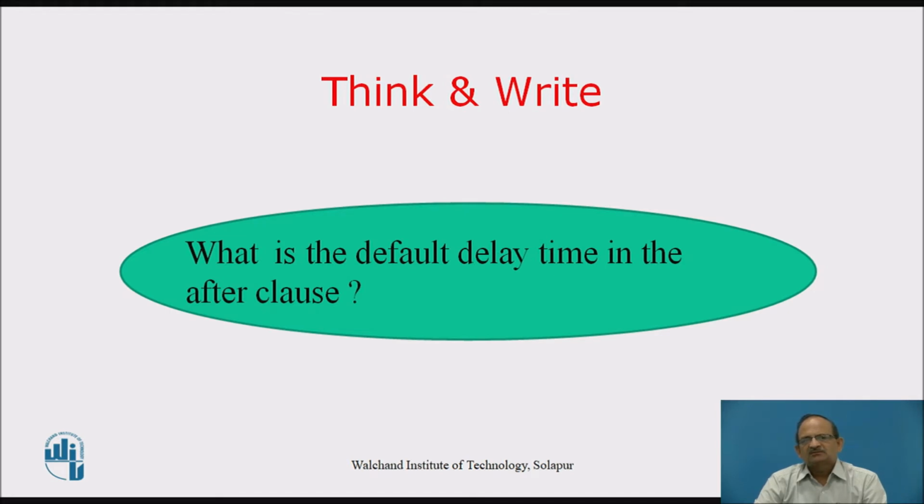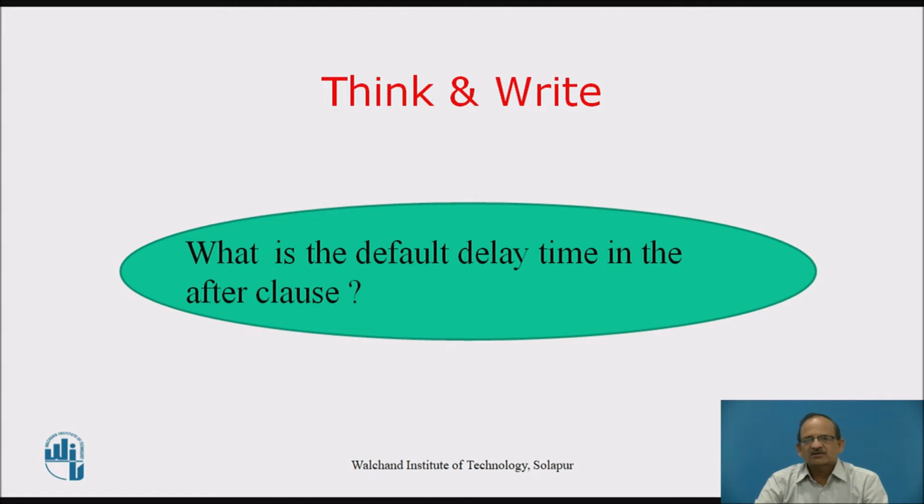Let us think about what the default delay time in the after clause is. Pause the video for a minute and think about this. The default delay in the after clause is a delta delay. It means if no delay is specified in the after clause, then the delay used is a delta delay.